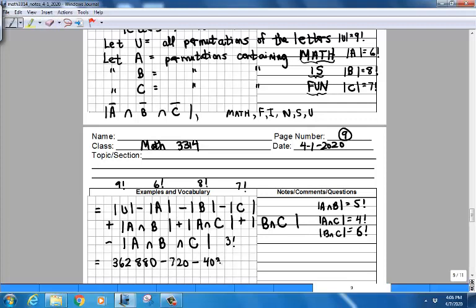So 362,880 minus 40,320, minus 5,040. Then plus, now we're adding in 5 factorial, which is 120, plus 4 factorial, which is 24, plus 6 factorial, which is 720 again, and then minus the 3 factorial, which is 6.